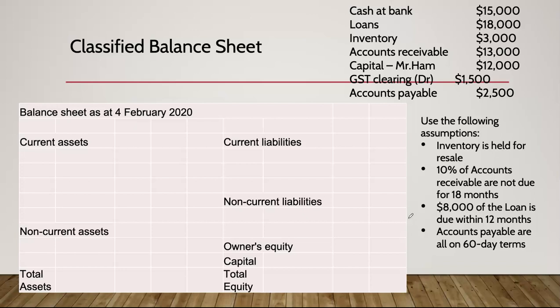But the key difference here is I've given some more information. Always in accounting, if you're given information, it's highly likely that you're going to need to use it. So let's go through the easy bit. Let's quickly classify them.